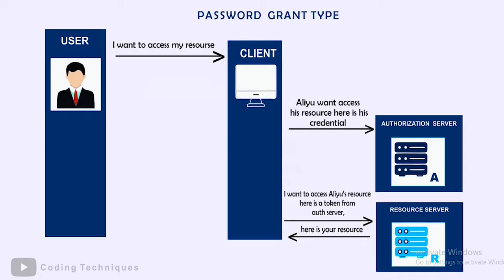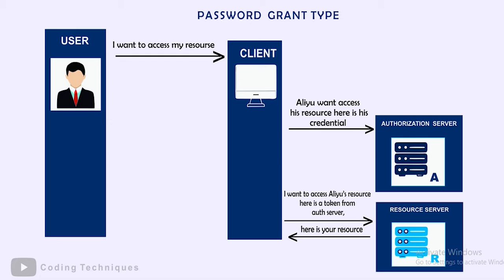And let's check the password grant type. In the password grant type, you have a user, client, authorization server, and the resource server as well. In this case, the client requests the token on behalf of the user, so the client has access to the user credential.